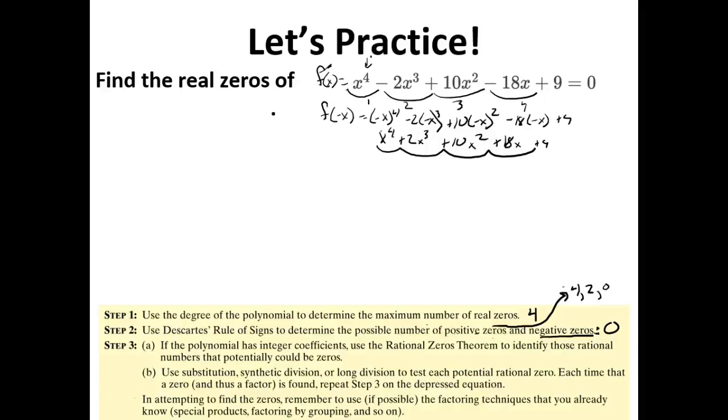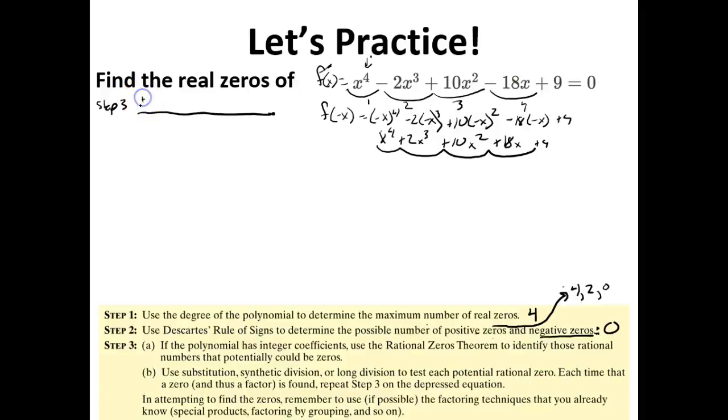Step 3, use the rational zeros theorem. Possible factors on the top of the fraction for possible zeros are factors of 9.